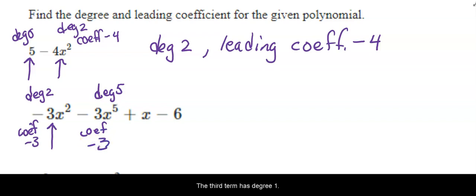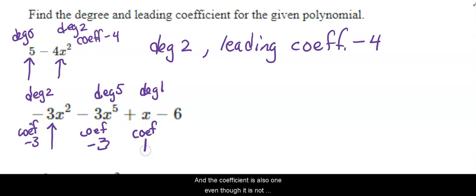The third term has degree 1 because it is x to the first, though the power is not written, and the coefficient is also 1, even though it is not written. We could write it as 1 times x to the first power. That makes the coefficient 1.